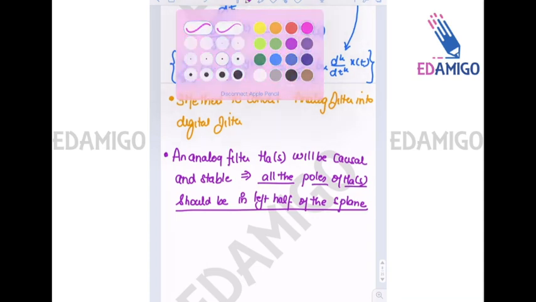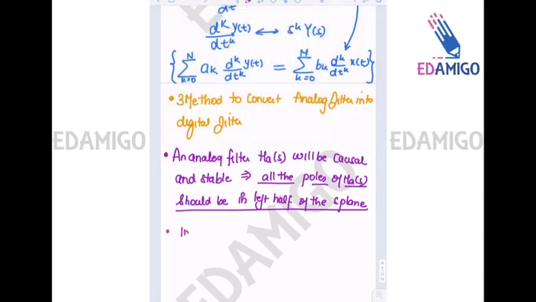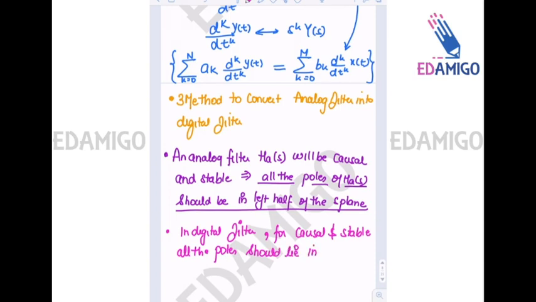Now if you look at the requirement of the digital filter for causal and stable, all the poles should lie inside the unit circle.